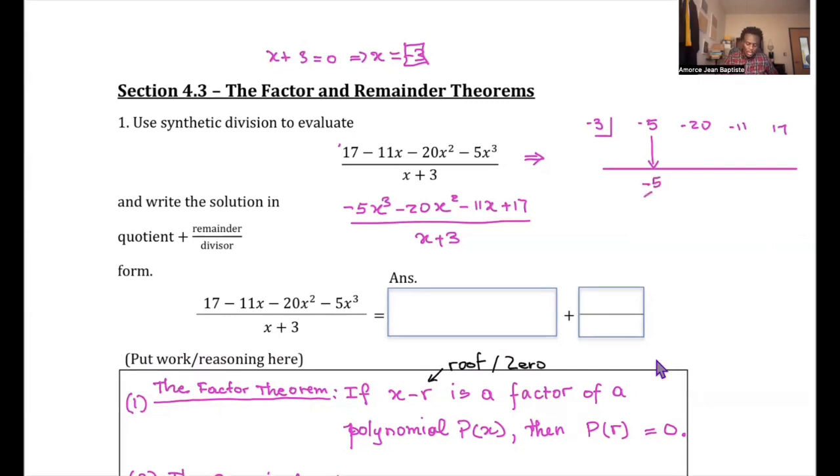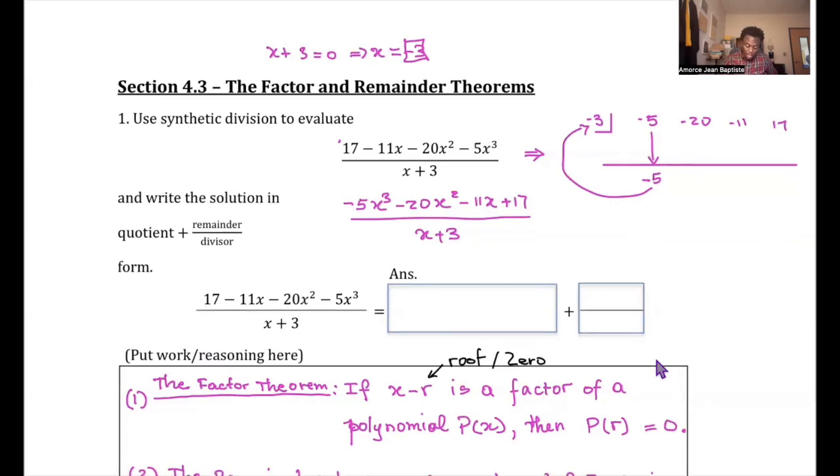And then we multiply it by the outside number. -5 times -3 is +15. Write it underneath the next coefficient, the one next to the one you dropped, above the line. So that's 15 underneath -20, but above the line.